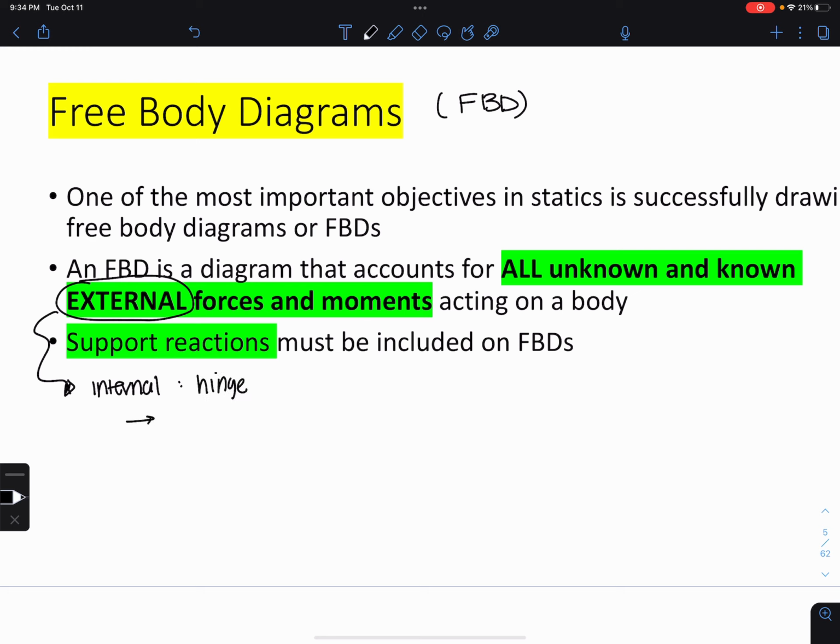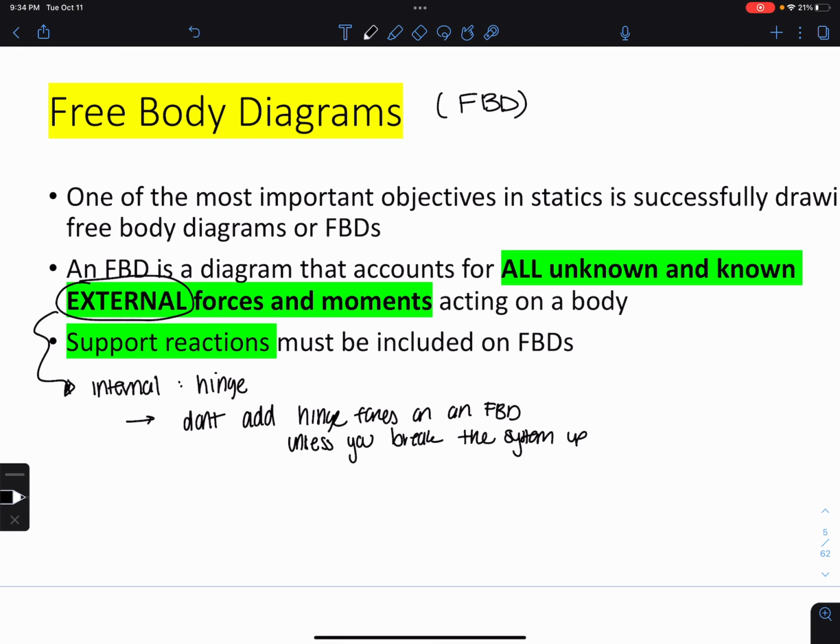Therefore, don't add hinge forces on an FBD unless you break the system up. And I'll show you what that means in the following slides as well.